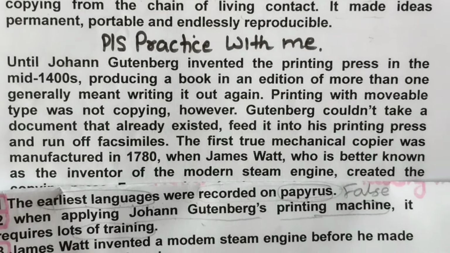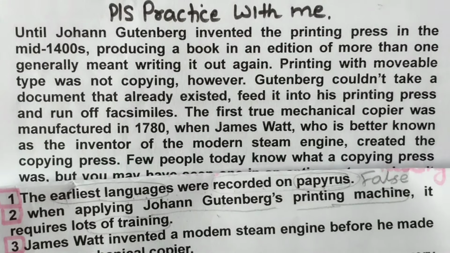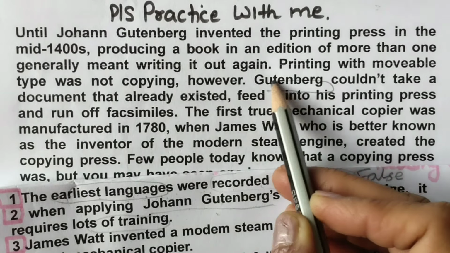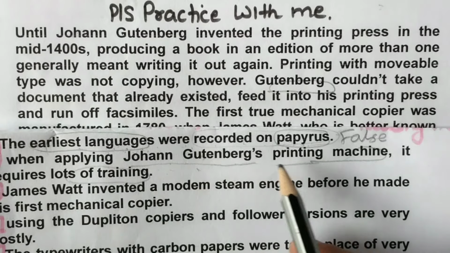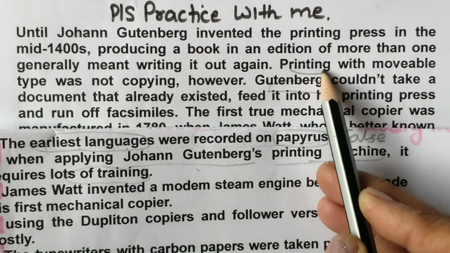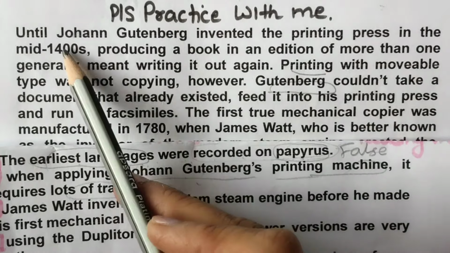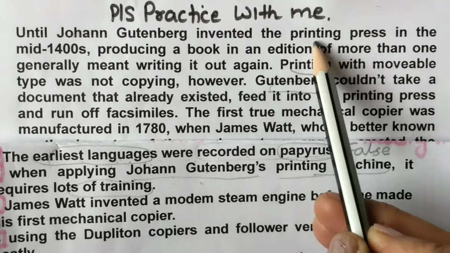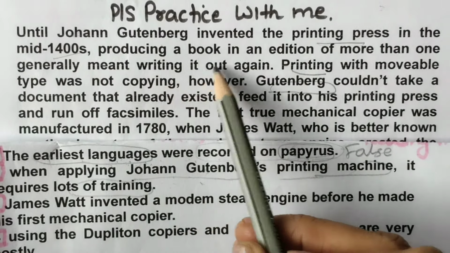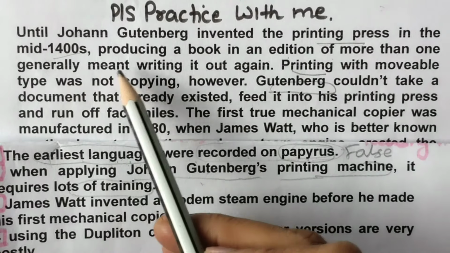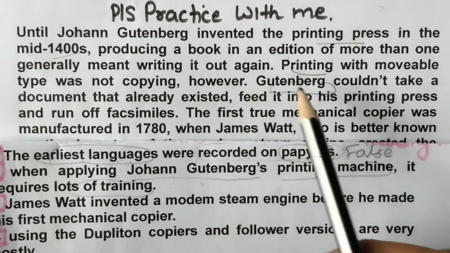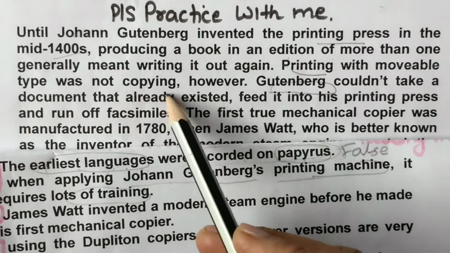So do practice with me, I am requesting you. Okay, so Gutenberg is here also. Printing word is here, let's read it from here. Until Johannes Gutenberg invented the printing press in the mid 1400s, producing a book in an edition of more than one generally meant writing it out again. Printing with movable type was not copying.